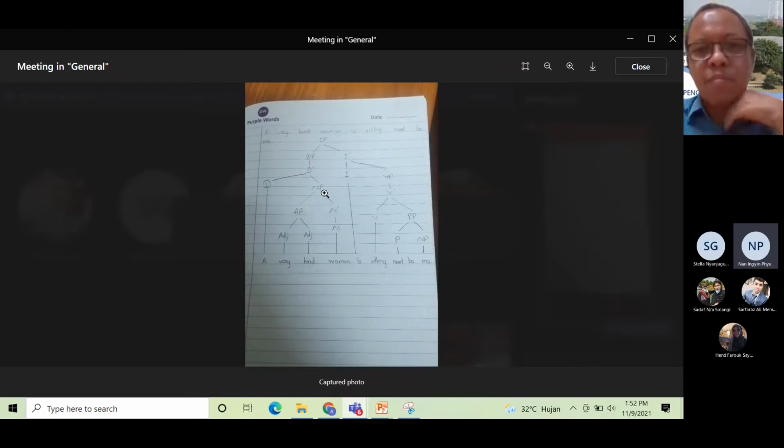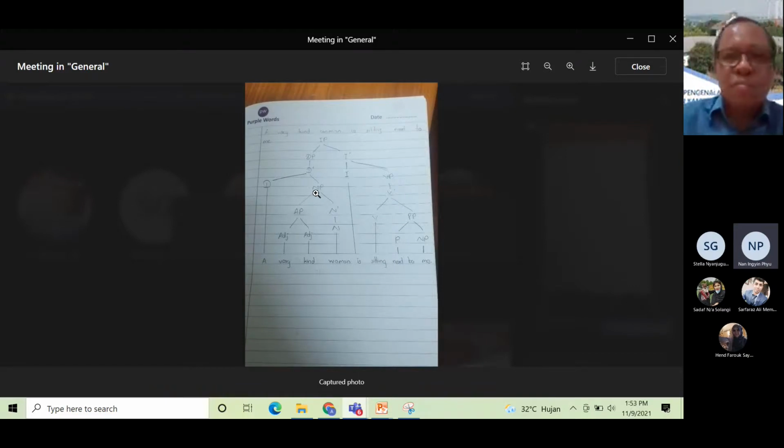In the DP, the determiner phrase is completed with the D bar, and then D and the noun phrase. I took "a very kind woman" as one category, and then I divided it into the adjective phrase bar because "very kind" is a chain.